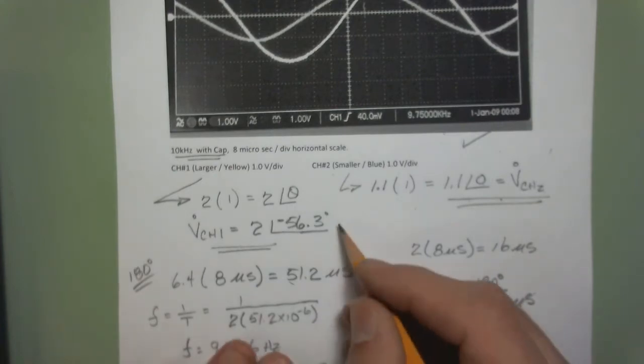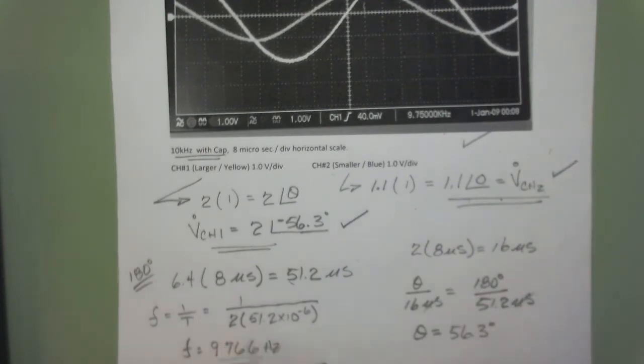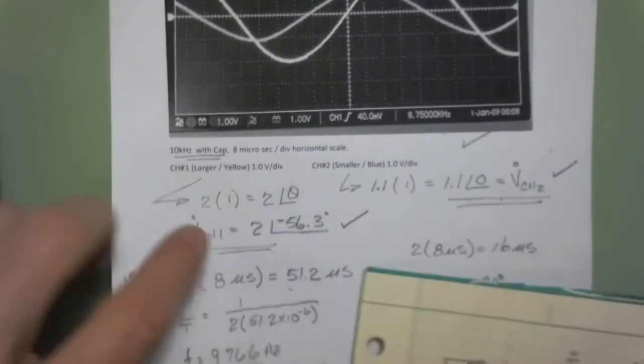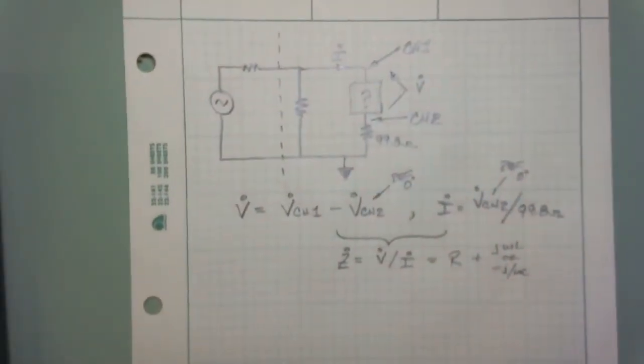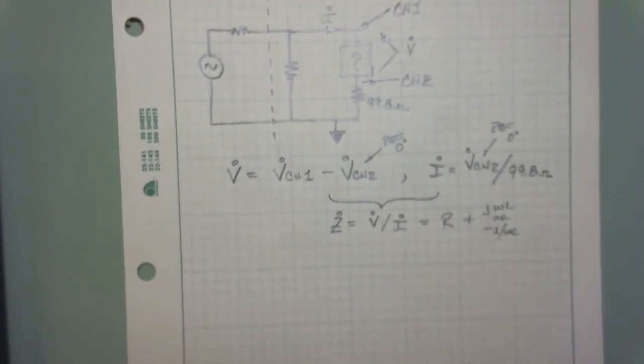So I've got this piece, I've got that piece. I think I'm ready to move on. So with that, let me jump back over to this thing and start putting some of these down here.